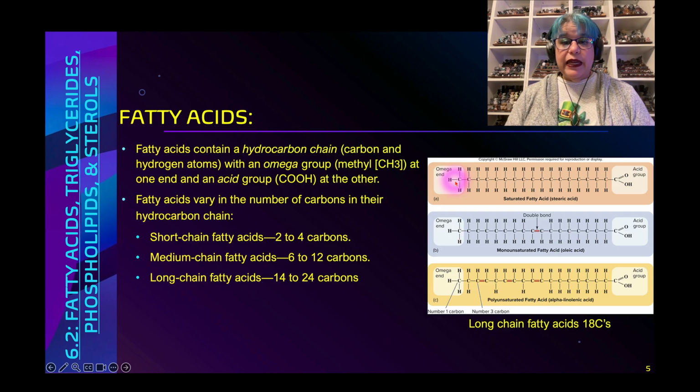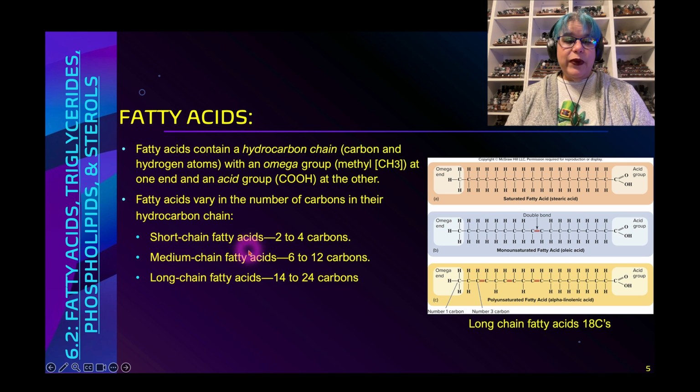Now, normally, when we look at a fatty acid chain, you've got one end over here that has a carbon with 3 hydrogens attached. We call that the omega end. And then at the other end, we'll have a carbon with 2 oxygens and a hydrogen. We call this the acid group or the carboxyl group, okay? Fatty acids will vary in the number of carbons in their hydrocarbon chain.